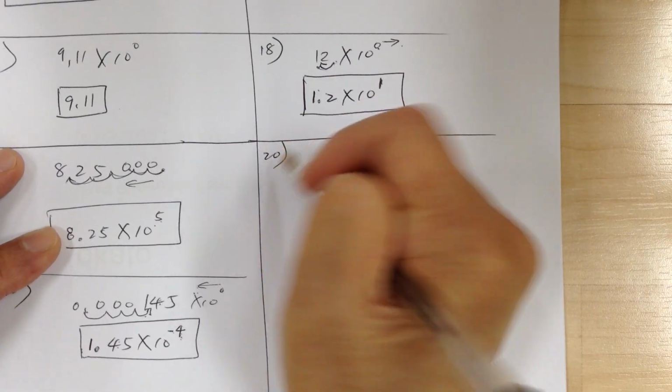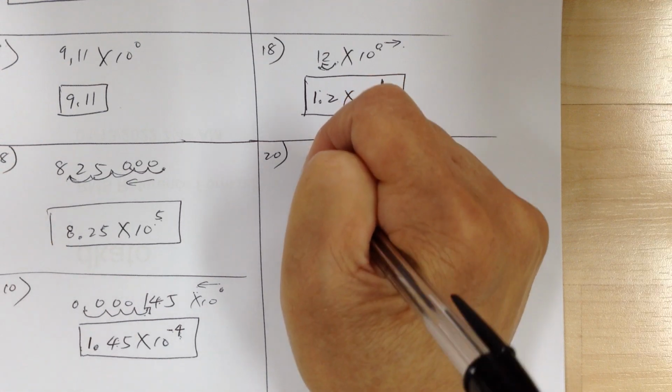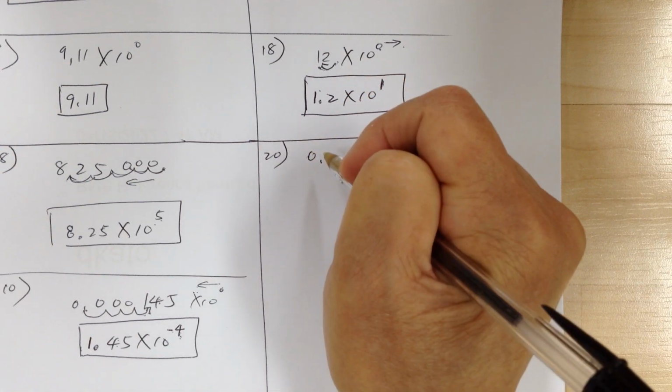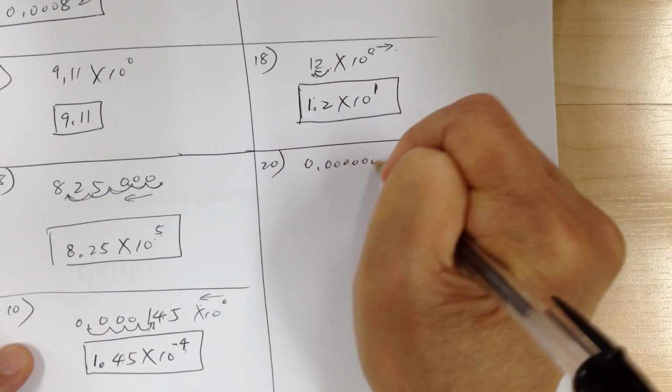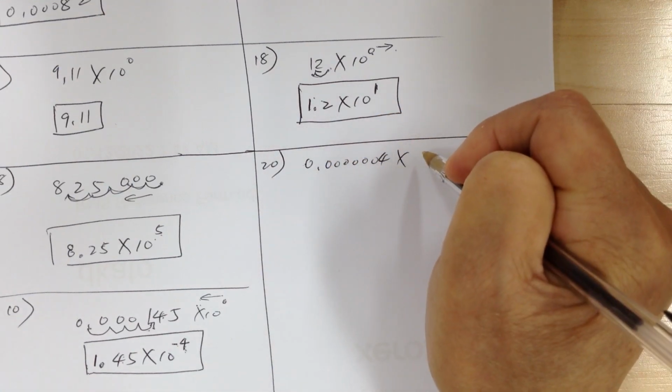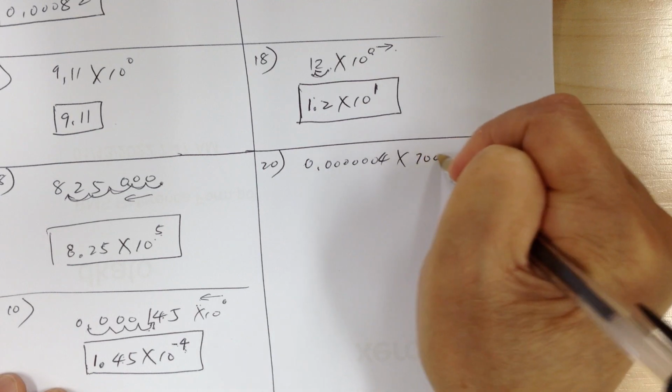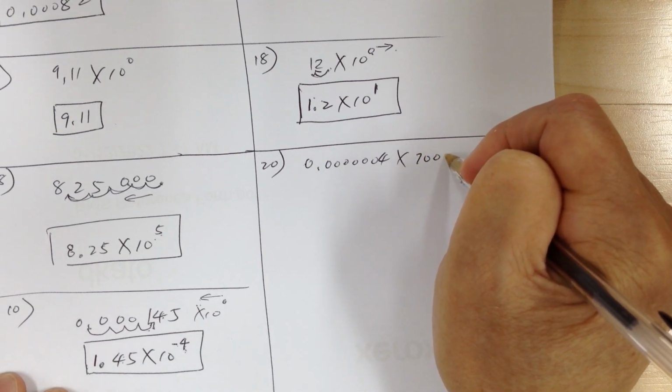Okay, number 20. You have 0.60 and you have 700 million.